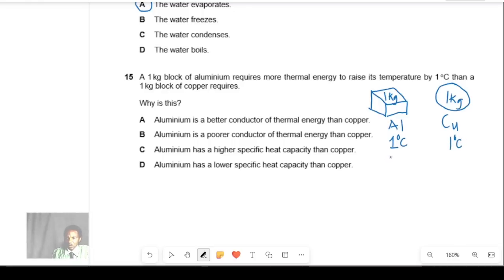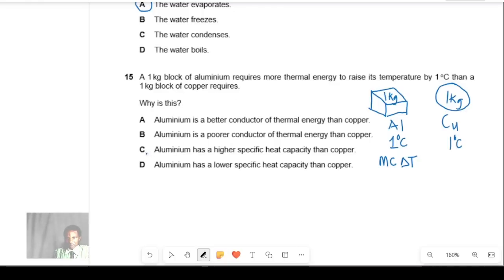So what is the specific heat capacity? That is MC delta T. It is the amount of heat required to raise the temperature of 1 kg of a substance by 1 degree Celsius. So if the specific heat capacity of aluminium is more than that of copper, why is this?